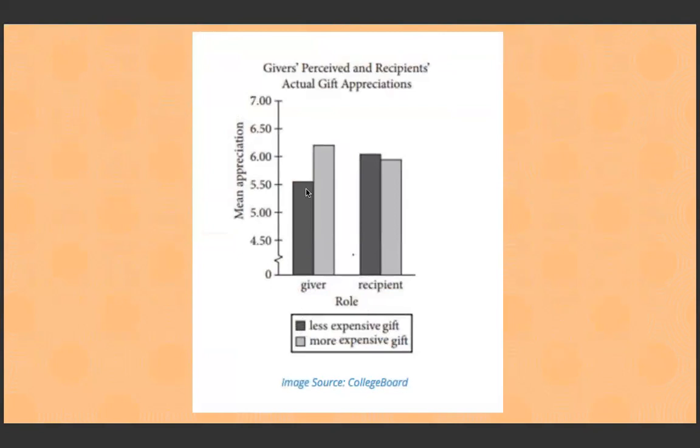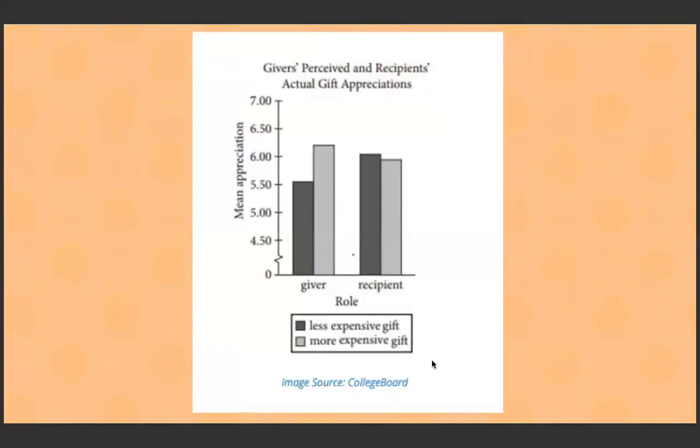So the black bar right here, this is for your less expensive gift. This one here, the light gray, this is for your more expensive gift. So I would write right here on top, more expensive gift, less expensive gift, less expensive gift, more expensive gift.